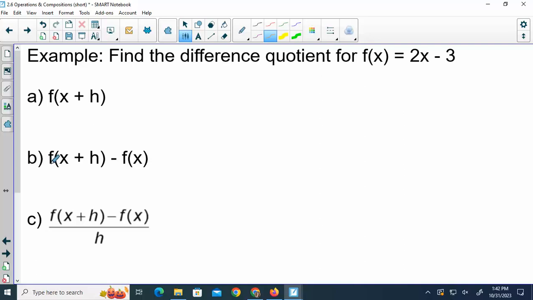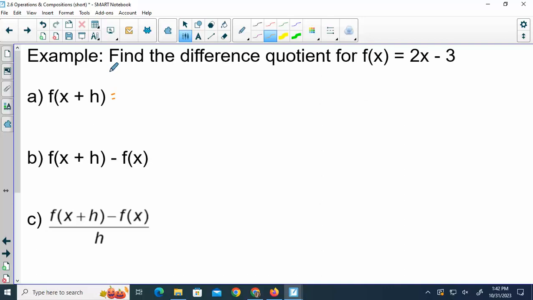If I want the difference quotient for f of x equals 2x minus 3, the first thing we're going to do is f of x plus h. Alright, if I said find f of 5, what would you do? Plug 5 in for x.